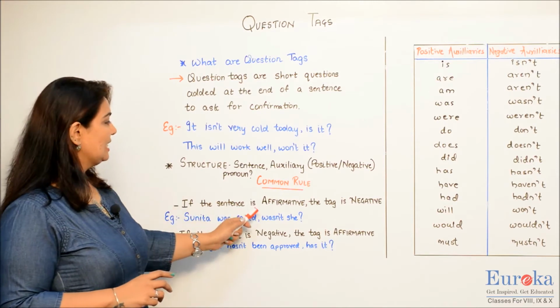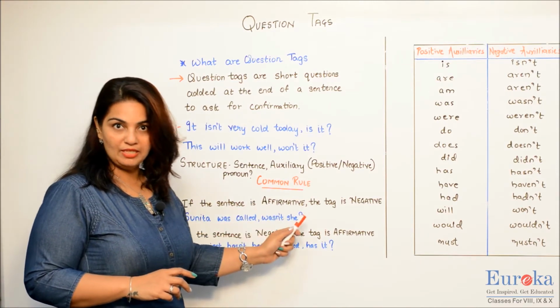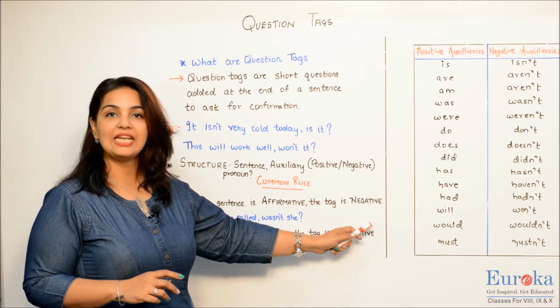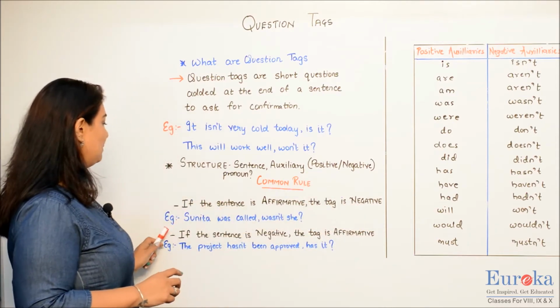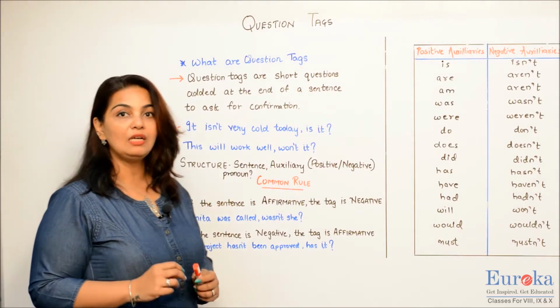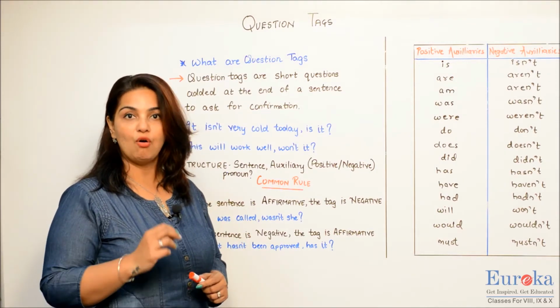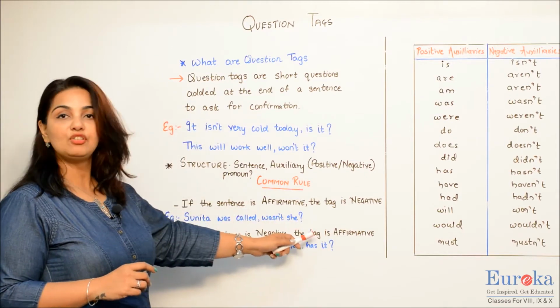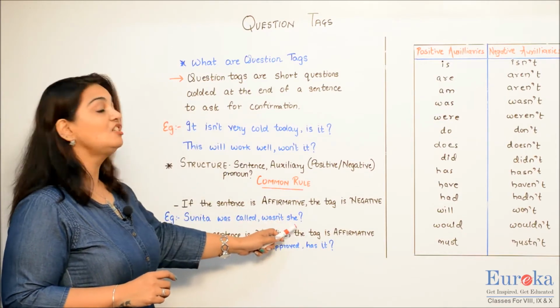If the sentence is affirmative, affirmative means a positive sentence, the tag is a negative tag. For example, Sunita was called. Now, Sunita was called is an affirmative or a positive statement. So, the tag that is given to it is "wasn't she".